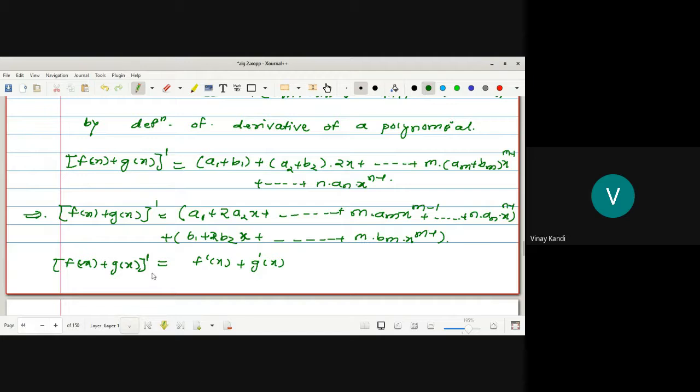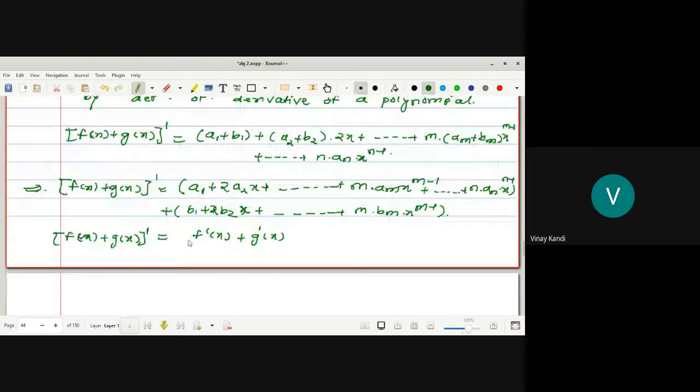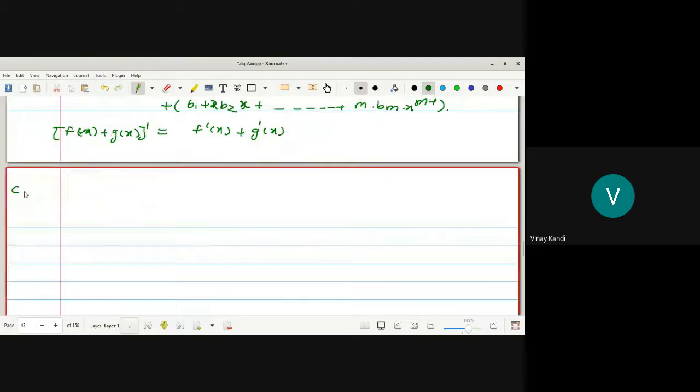Now, step number 2. Case number 2, to prove that (alpha into f(x))' is equal to alpha into f'(x).